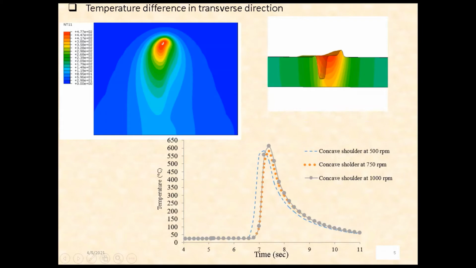As you see from the graph, the temperature elevates highly at some point. Then after the welding tool passes, it cools down, and at the end it reaches the environmental or room temperature.